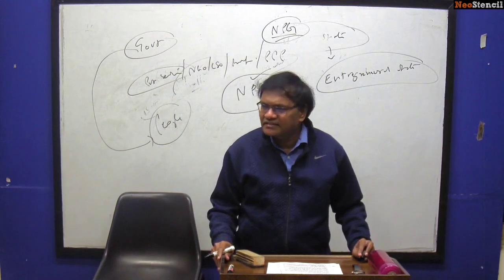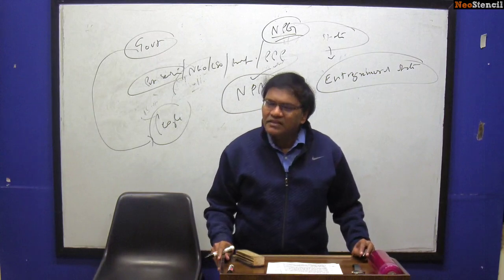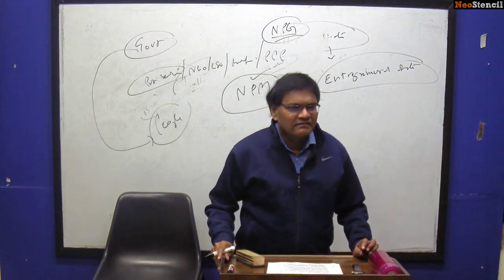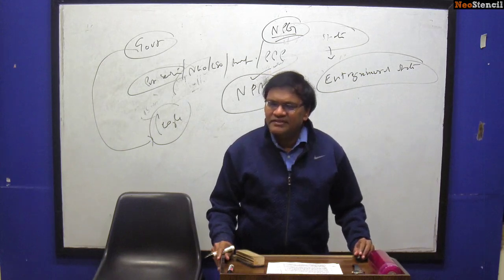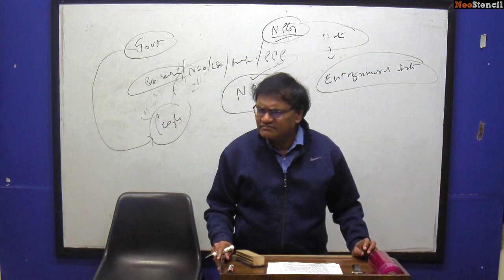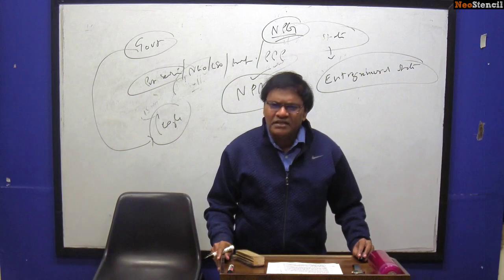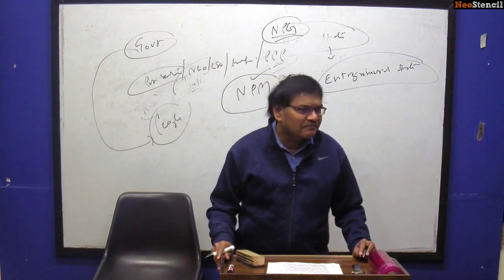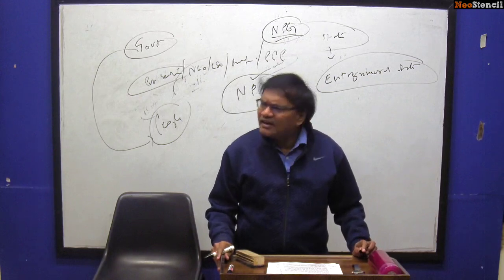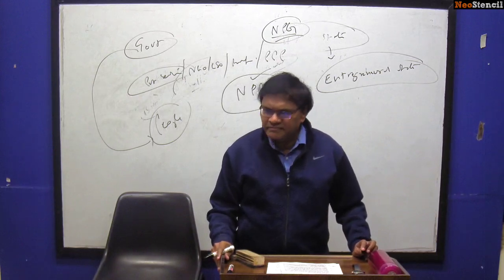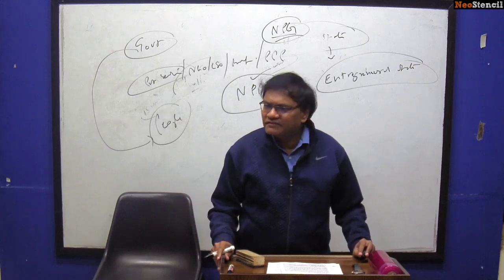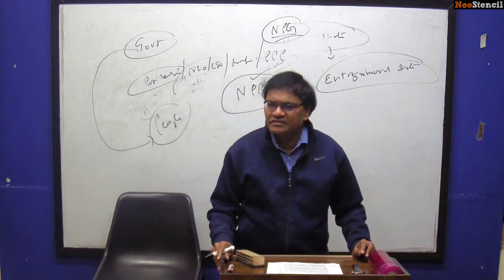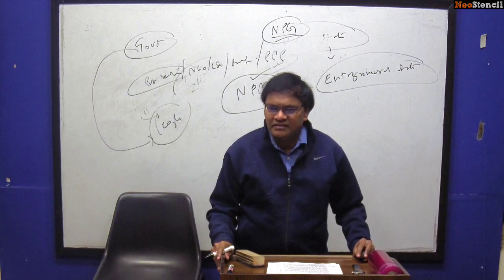But unfortunately, his philosophy was partially right. Why? Because this NPM was not that highly successful. But at the same time, we cannot say that his philosophy is completely wrong also, because all over the world at this point of time within the bureaucracy, the clamor is more towards specialization, lateral entry.